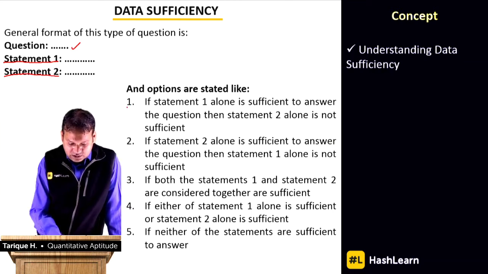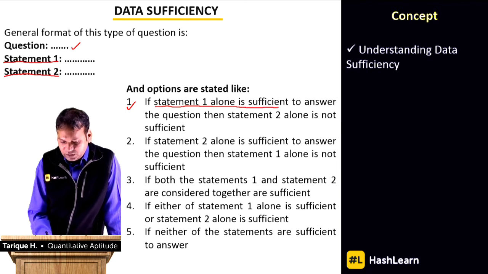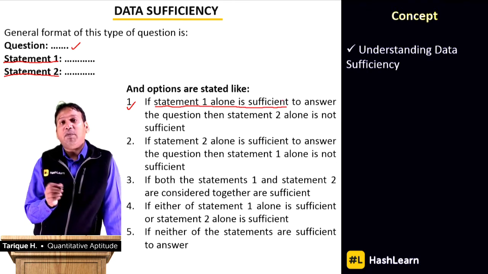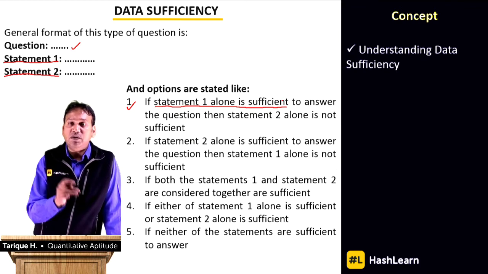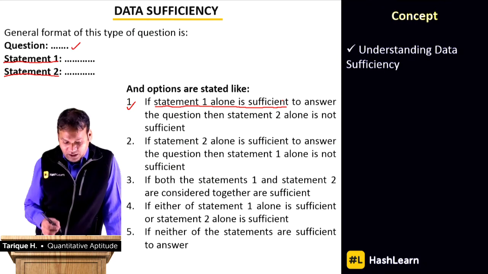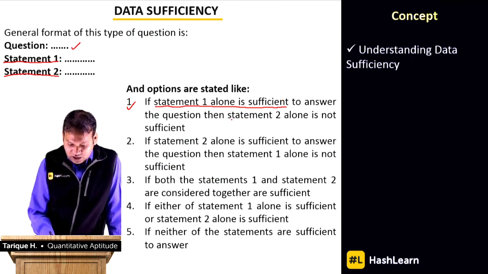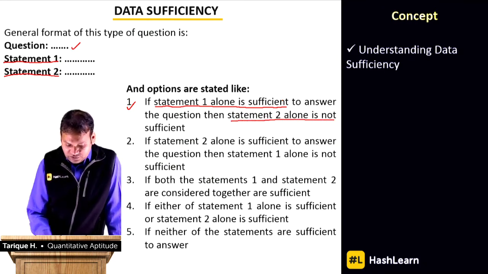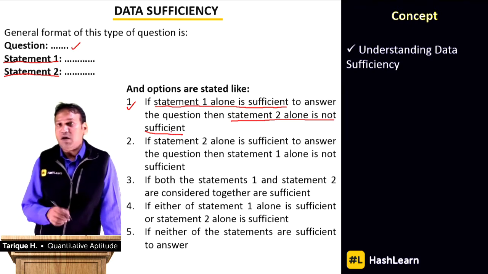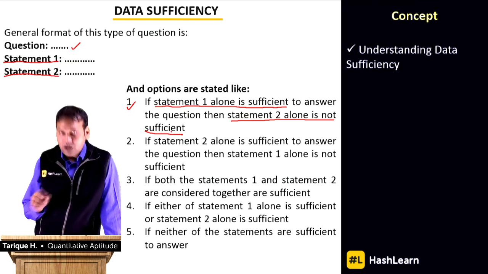One is that if statement 1 alone is sufficient to answer the question, that means the question can be answered from the first statement alone. We don't require any data from the second statement, whereas statement 2 alone is not sufficient. So from statement 1 alone we can solve the question, but not from statement 2 alone.